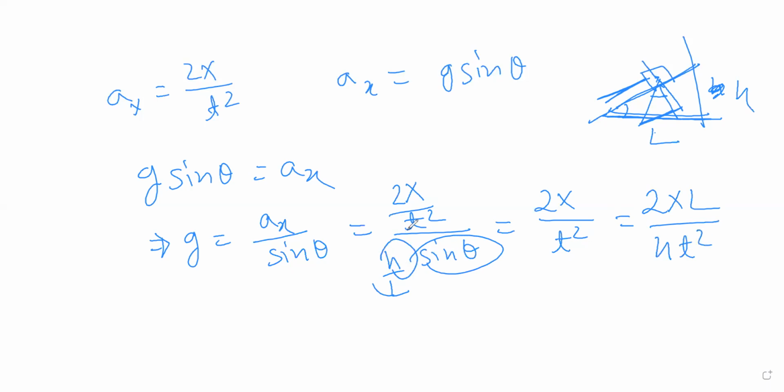So we can write g equal to 2xL over h t square, right? So this we can write about the inclined surface. You can plug in the formula if you like, if you're calculating something from there, you can extract what you need.